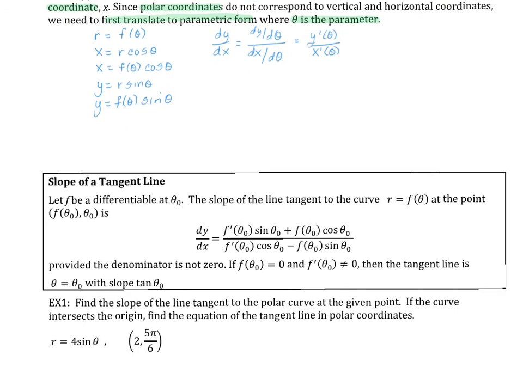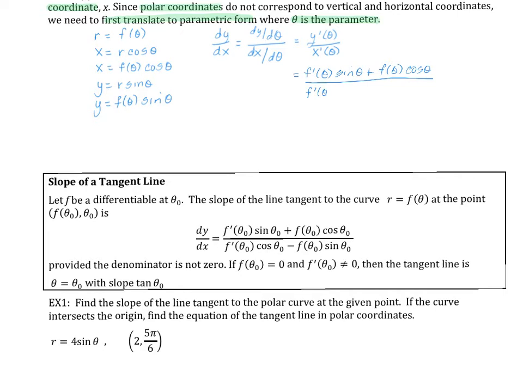Notice that when we compute that, y is a product of two functions of theta, so we have to use the product rule, which means we take the derivative of f, we keep sine, plus keep our function f, the derivative of sine would be cosine, over, we'll take the derivative of our x, which again involves the product rule, so it's kind of the same thing.